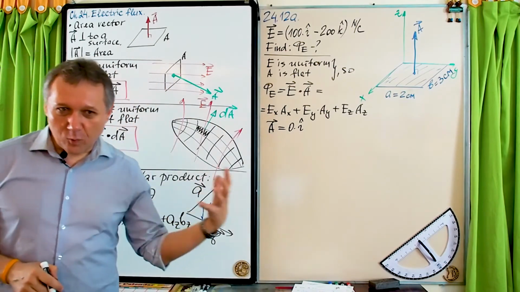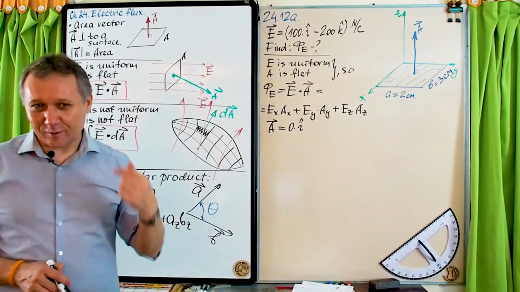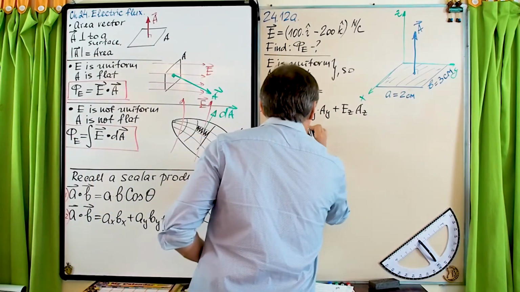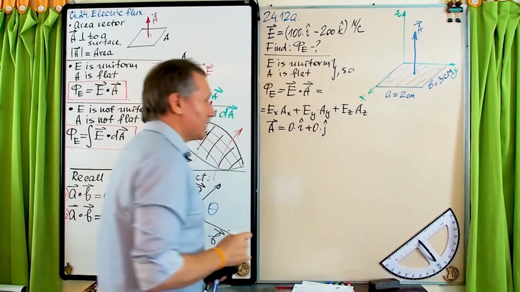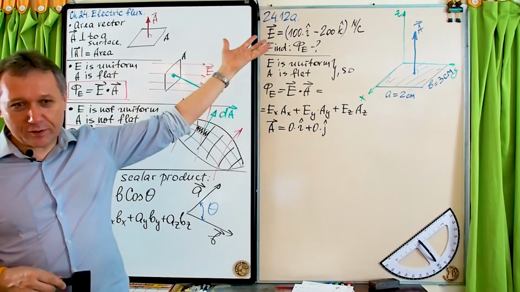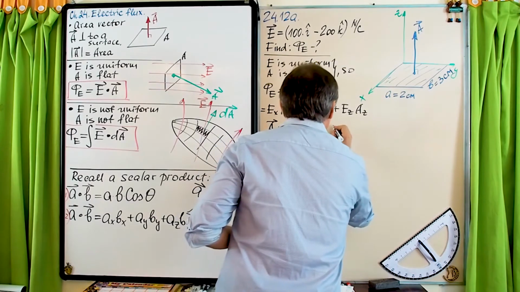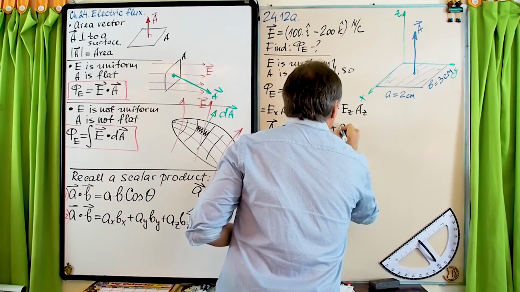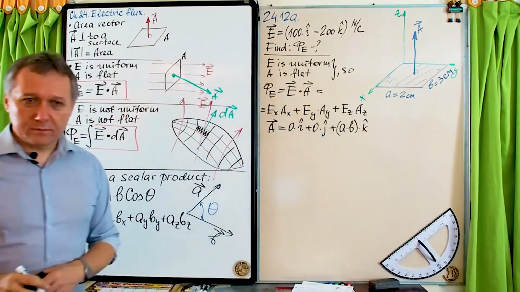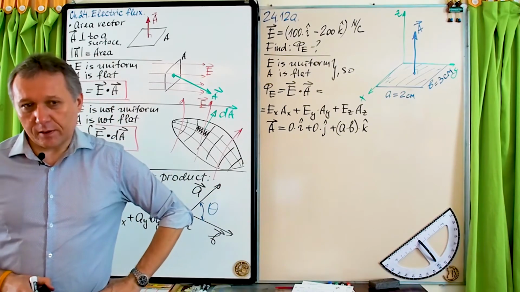The y component is again 0. Project it on the y direction, you will get a dot, so the y component is also 0. And the z component is the whole vector. So the z component will be A times B, k hat. I wrote immediately area A equals A times B because it is just a rectangle.